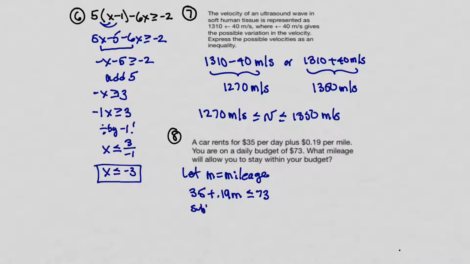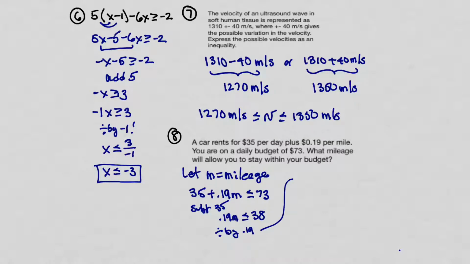So we can solve this. We're going to subtract 35. So that'll give us 0.19 m less than or equal to, now, 73 minus 35 is 38. And then we're going to divide by 0.19.